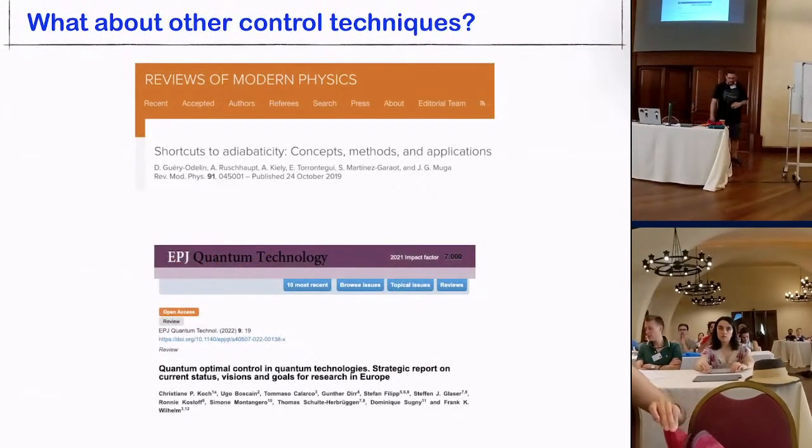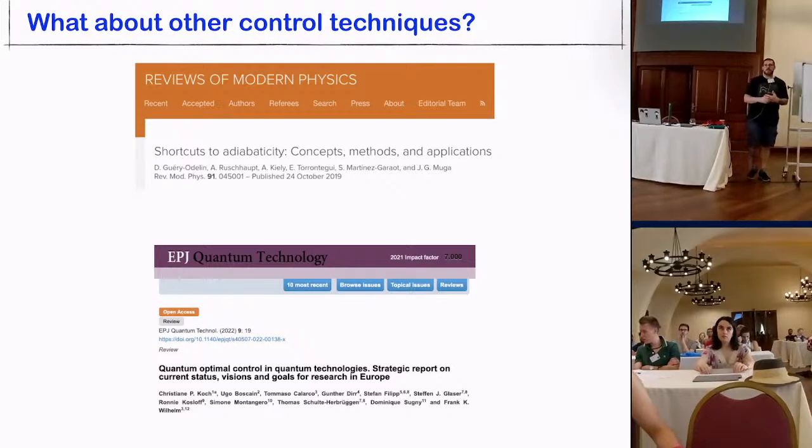The last thing just to mention is, I only focused on this counter-diabatic driving. There are a host of other ways that you can achieve control. Like Francesco was asking, why was it the sigma y? And I was saying there are ways in which you can achieve the same dynamics without having to add on this additional Hamiltonian term, by doing something else.